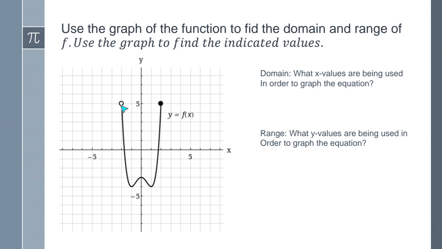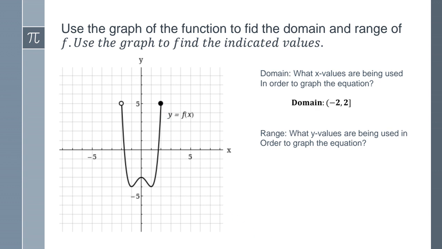This circle, we call an open circle. It represents that the number at x equals -2 is not part of the domain. We use this circle because there are lots of numbers that are close to it, and we want to include those numbers. If you see a shaded, filled circle, then that means the point is part of the domain.